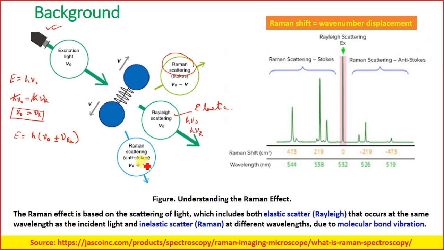If you compare it with the incident radiation, what we get is that mu 0 is either increased or decreased by a frequency, which we call the Raman shift. However, the Raman shift is given in terms of centimeter inverse, and it is basically the wave number.